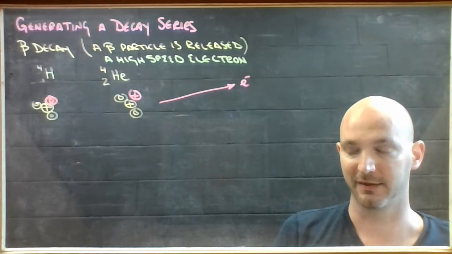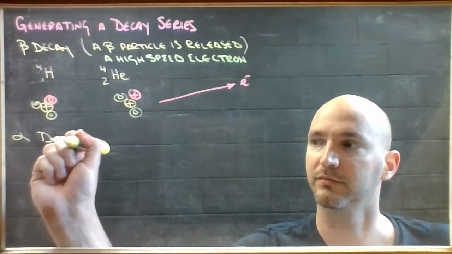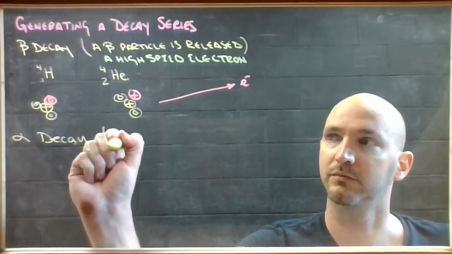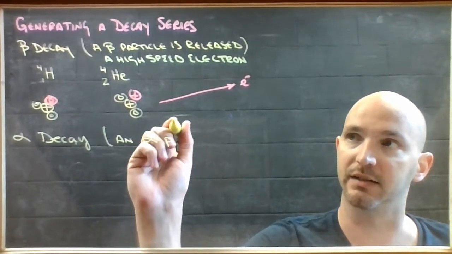Okay. Next one, alpha decay, which means an alpha particle is ejected.